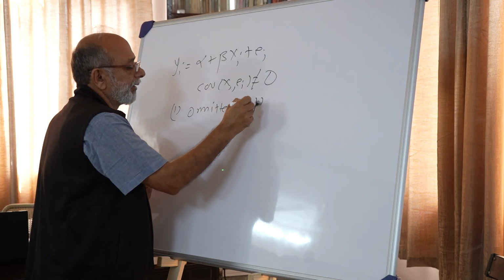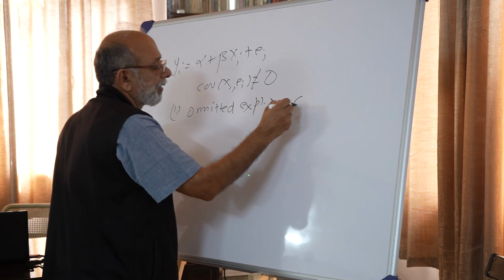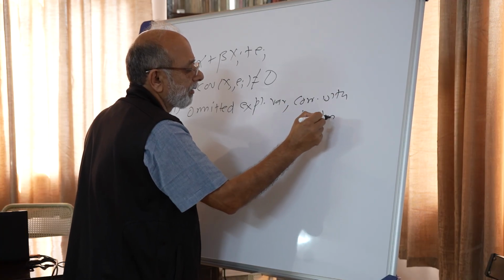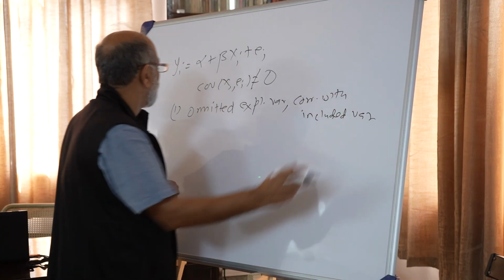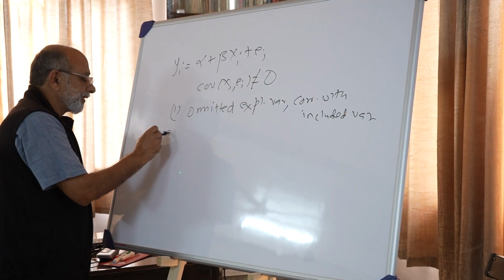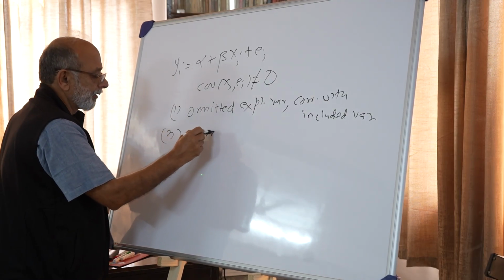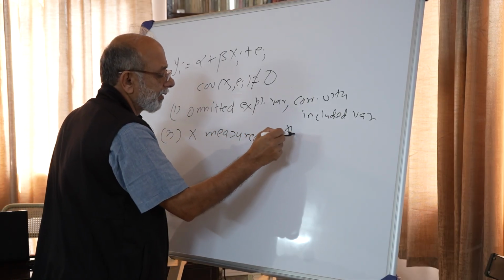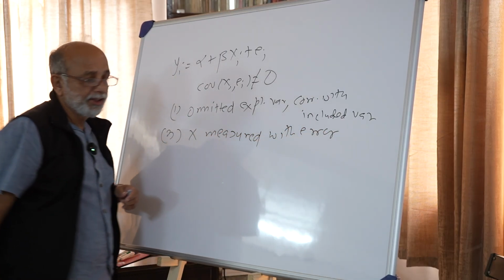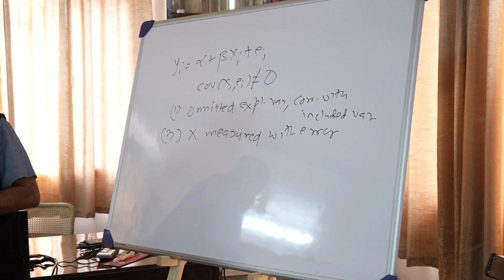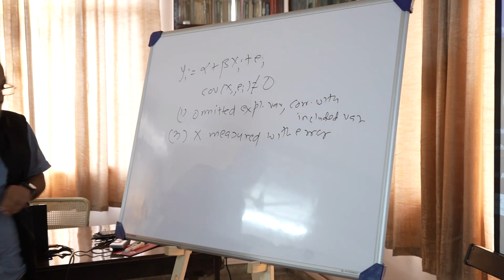Omitted explanatory variable correlated with included variable. Correct? The second reason could be x measured with error. Yeah? If the x variable is measured with error, you have endogeneity.